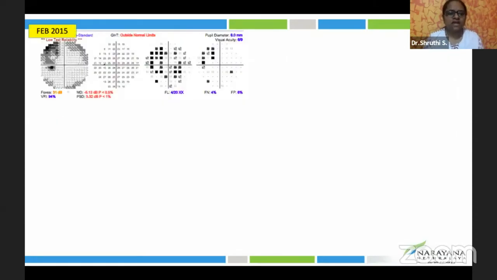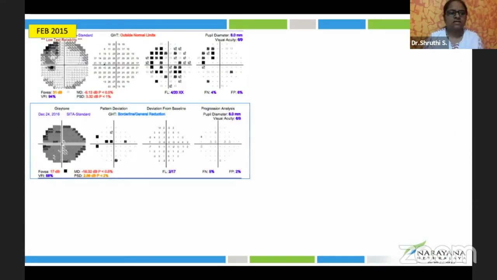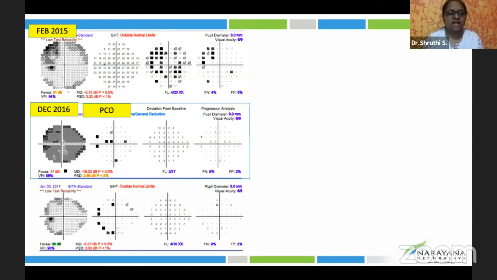So next we have a patient who, on clinical examination, had a dense PCO. Once the YAG capsulotomy was done, his visual fields improved.